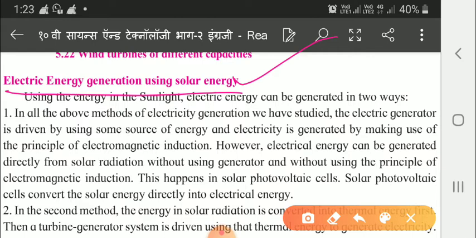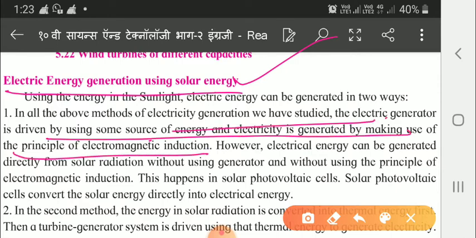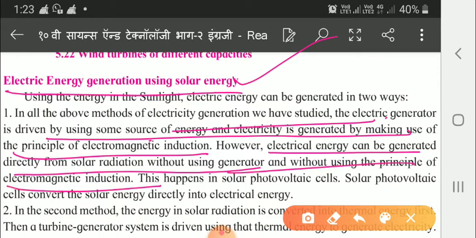In the above methods we have seen, the electricity was generated by using some source and the principle of electromagnetic induction. But here, electrical energy can be generated directly from the solar radiation without using a generator and without using the principle of electromagnetic induction. This is a very important point that you have to note down.